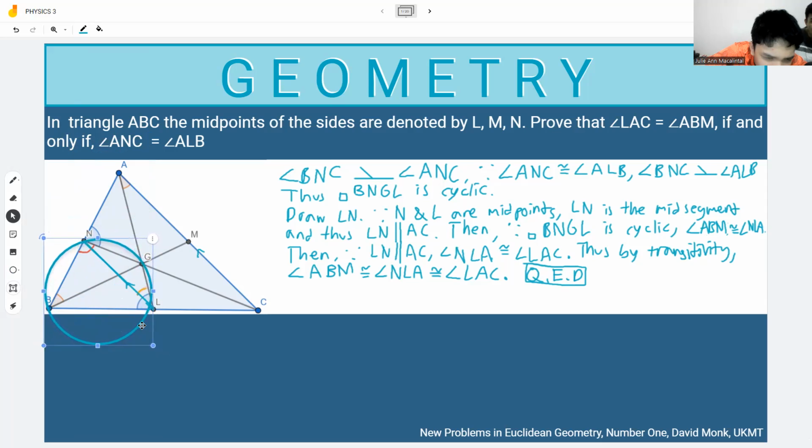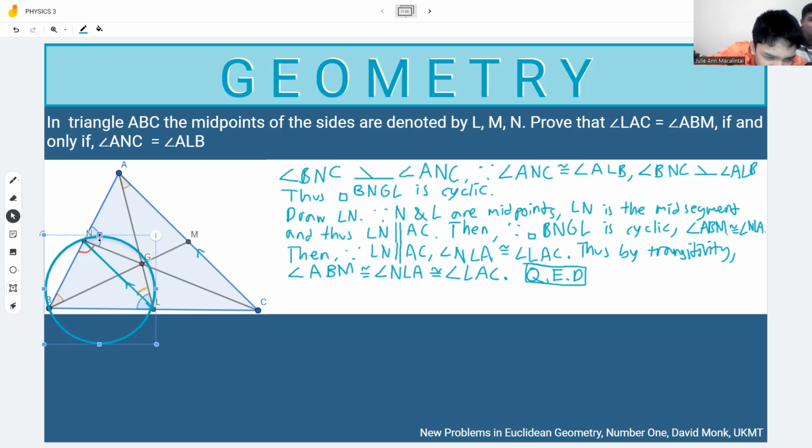The figure is not really very accurate. Angle ABM is congruent to angle ALN, no?